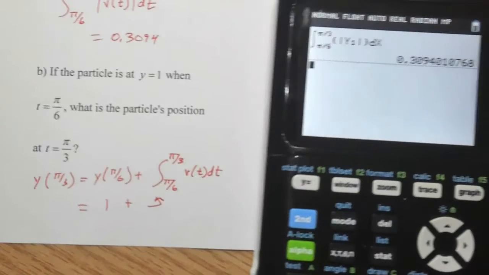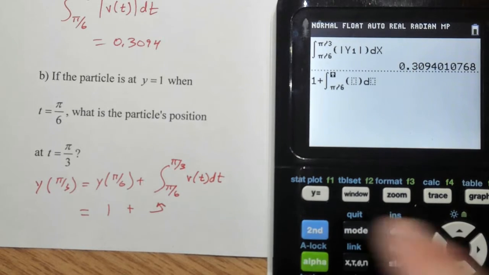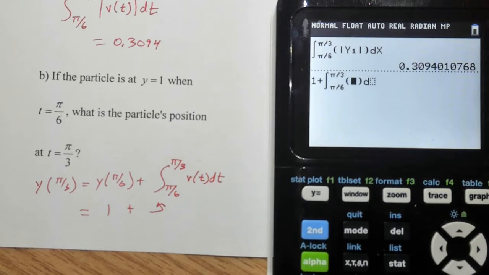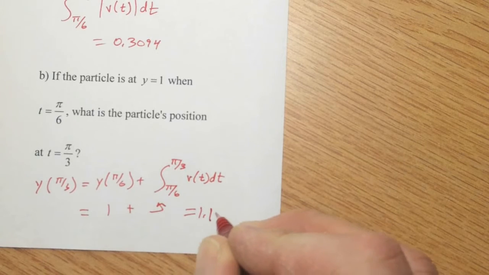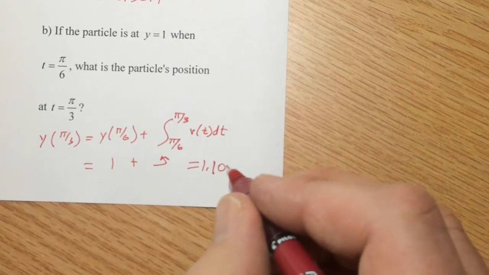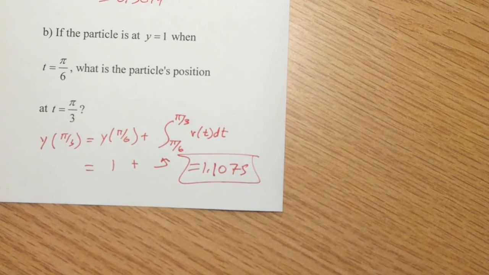So we head back to the calculator one final time, and we're going to do 1 plus Math 9. We've got to enter in those pi's again. So pi divided by 6 and pi divided by 3, and our function dx, and the new position is 1.1075. And that value is the new position at time t equals pi over 3.